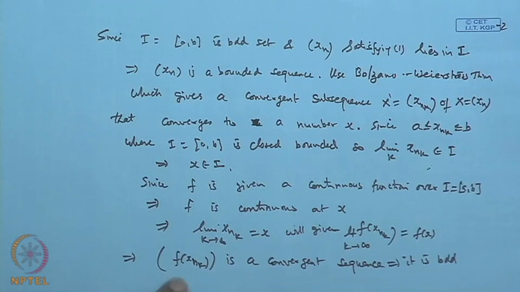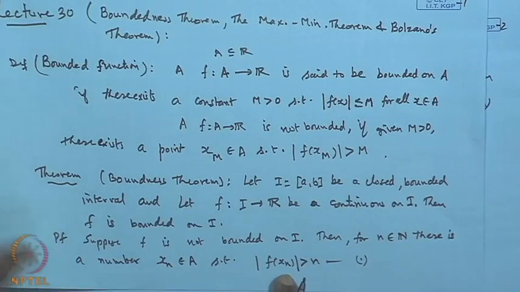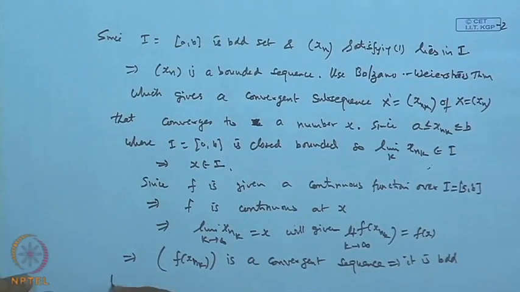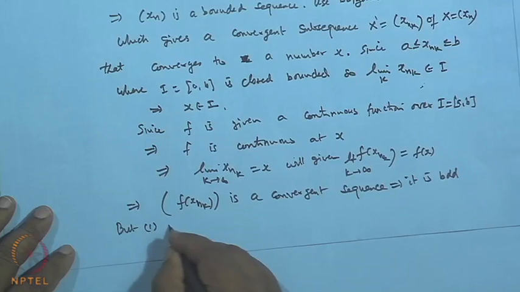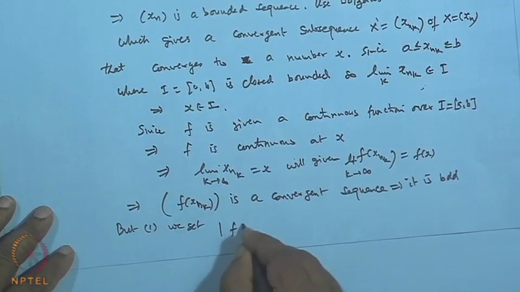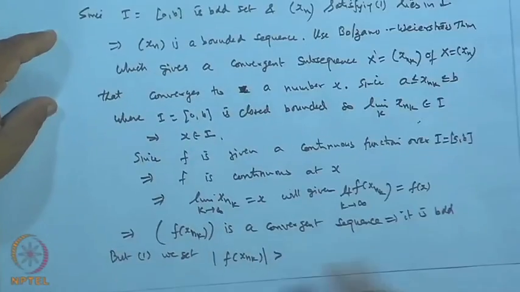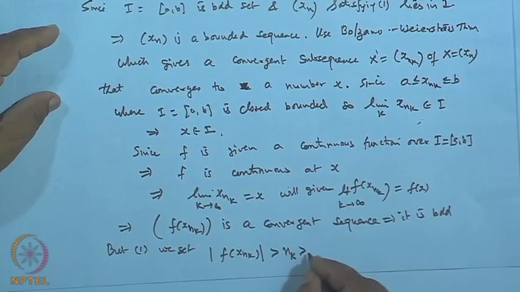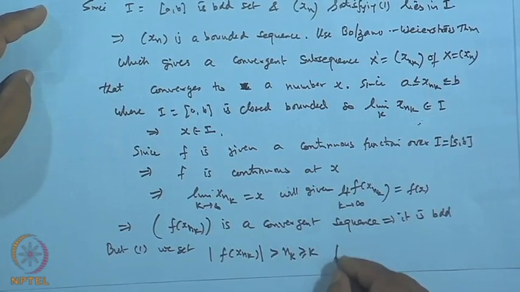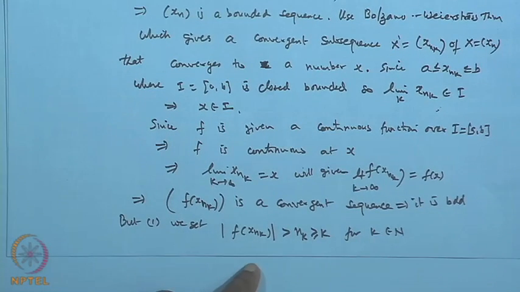But that gives a contradiction to our result, because this sequence f of x_n is greater than n. So, from 1, what we get? We get mod of f(x_{n_k}) is greater than n_k, which is greater than k, and this is true for all k belongs to N.